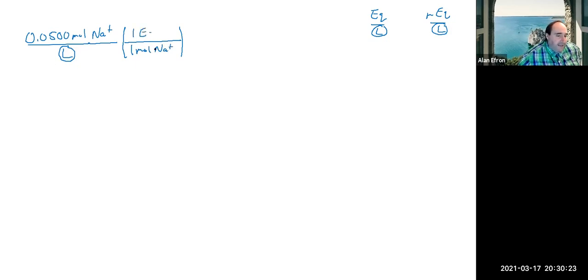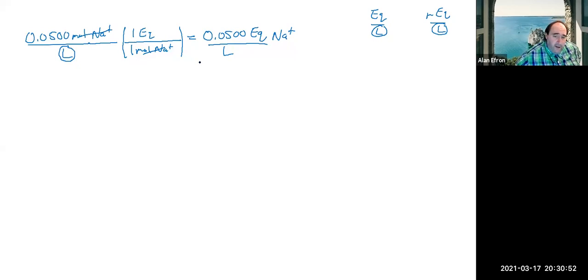And again, that is that relationship that we had on the previous page. The moles of sodium cancel, and we end up with 0.05 equivalents per liter of sodium ions. Again, nothing changed on the bottom. Any questions on that there?